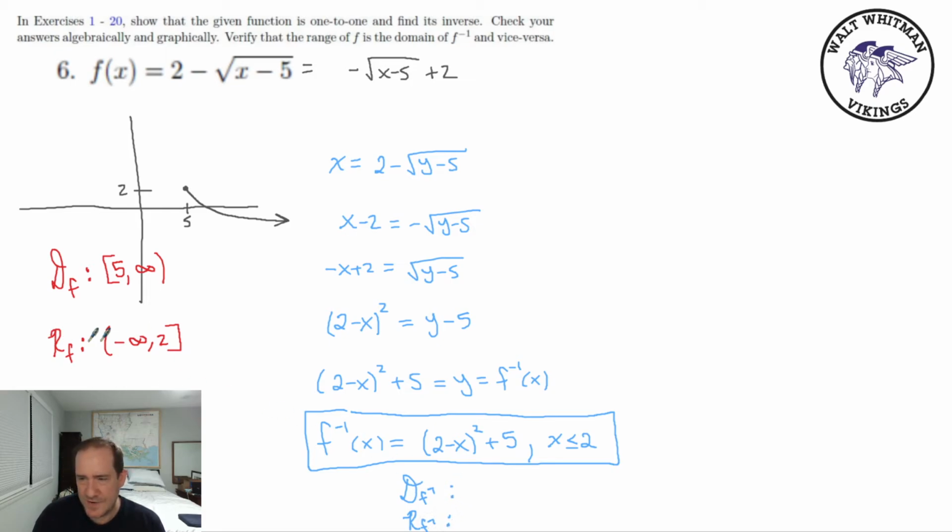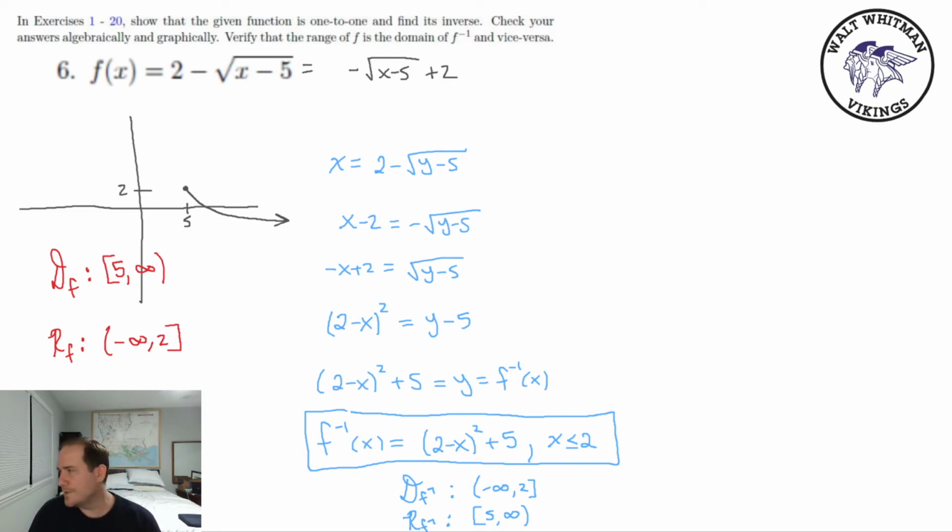And the domain is just going to be the range from before, so negative infinity up to 2. So we're kind of hitting that twice. I know we're saying it here already as an inequality. We're saying it here in interval notation. Our range would be 5 to infinity. Hopefully all that made sense.